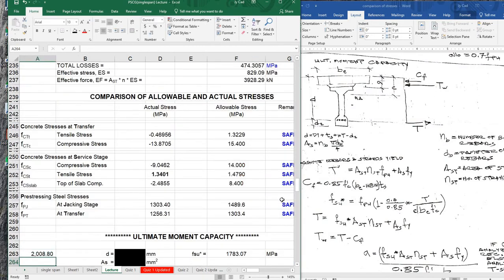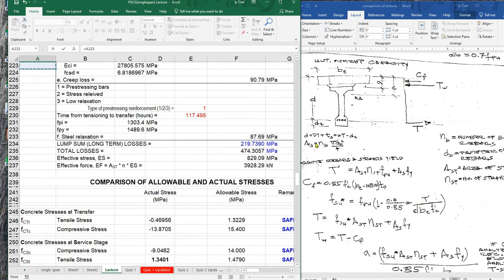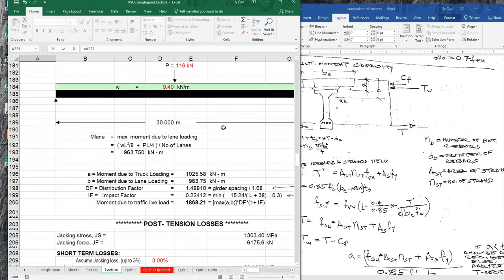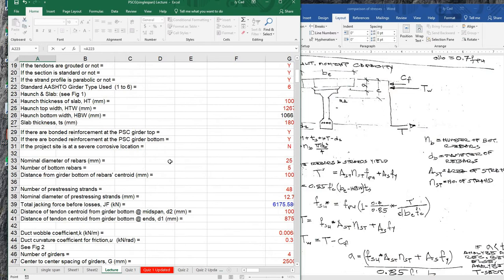Para sa AS naman, that is the number of bars. Ayan. It is the number of bottom rebars. Take note, NB is number of bottom rebars. So, ito yan. Yan yung 25 mm. Okay? Nasa given data yan. Number of bottom rebars, ayan yun.